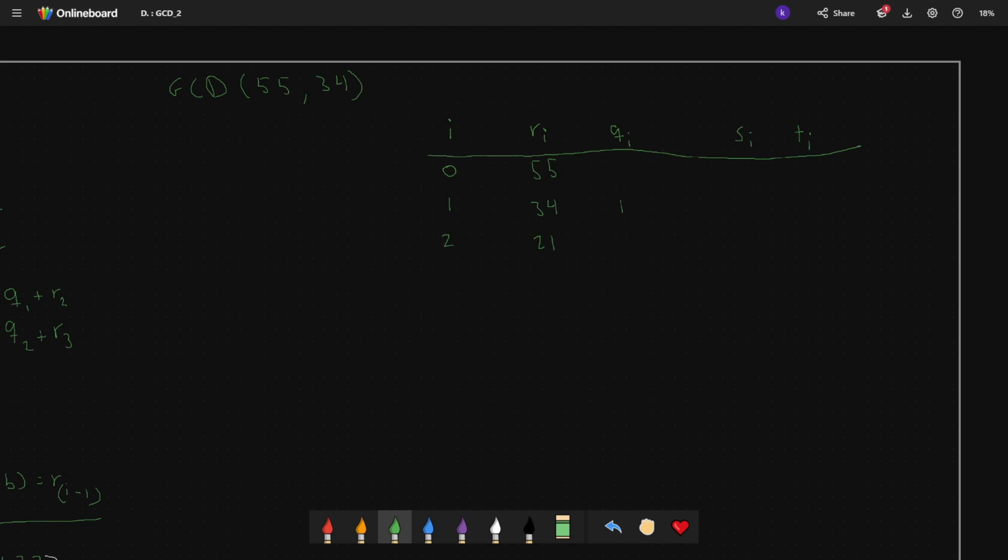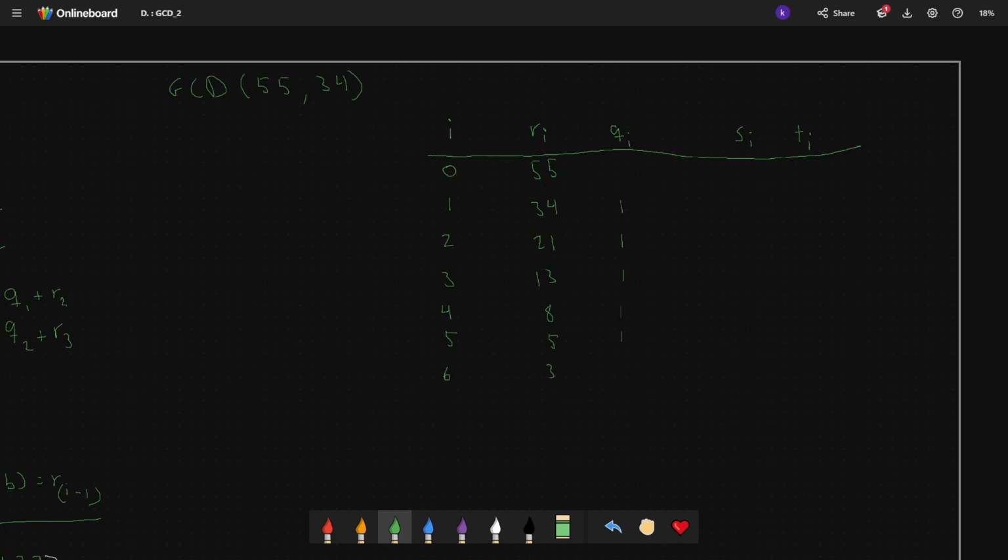21 goes into 34 once and the remainder is 13. 13 goes into 21 once. The remainder is 8. 8 goes into 13 once. The remainder is 5. 5 goes into 8 once.